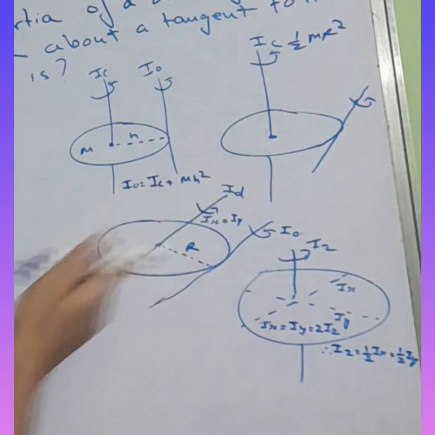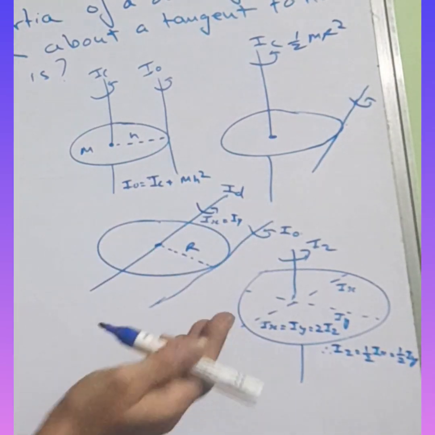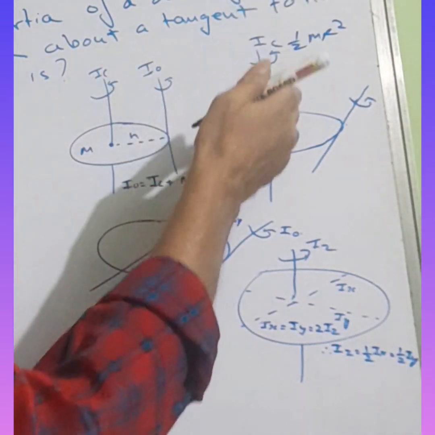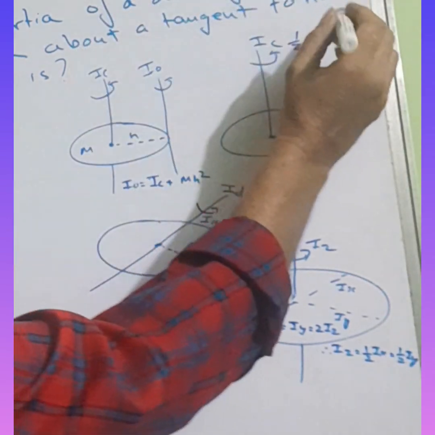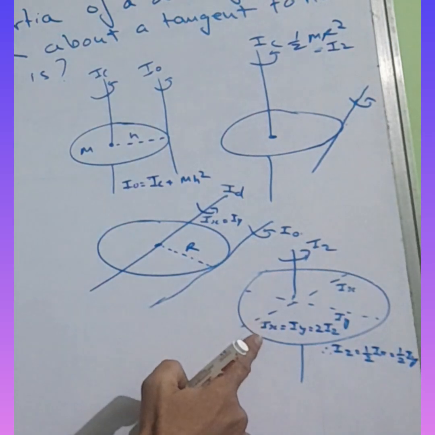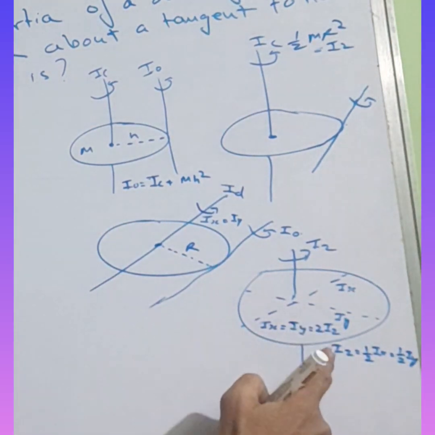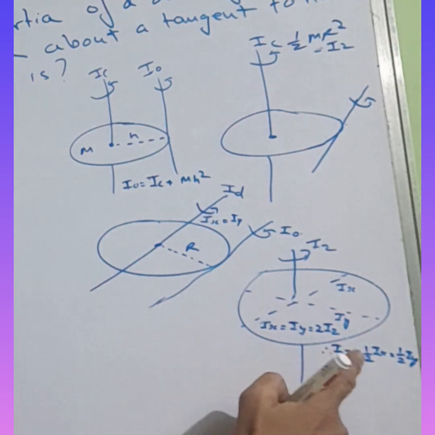You can say whatever you wish. Now what was given is, this is IZ. So we know the relationship: IX is equal to IY is equal to 2IZ, therefore IZ is equal to half IX.